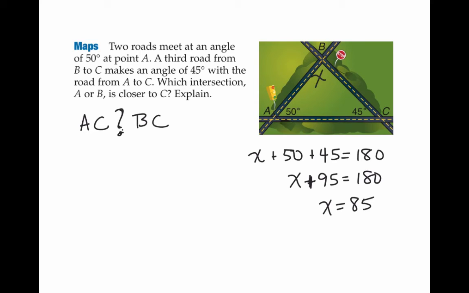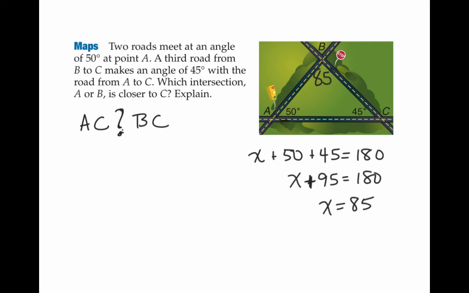Just use a little logic there. Sometimes it's a good idea to turn on that part of your brain rather than writing it out as a solved equation, but I can double check and go back. Yep, it's 85. So B is clearly the largest angle. Let's go ahead and put that in here. 85 degrees.